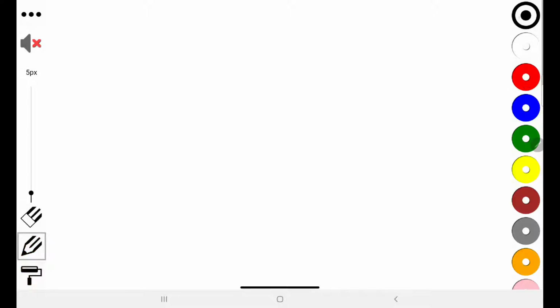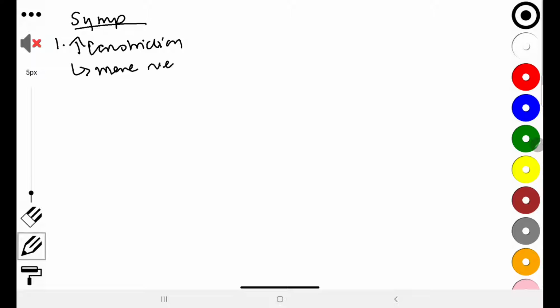So if your sympathetics kick in, the first thing that you will note is, number one, they will change vascular tone. And how will they change vascular tone? They will increase constriction, and so you have more venous return.